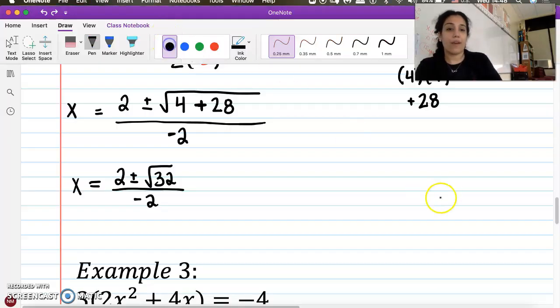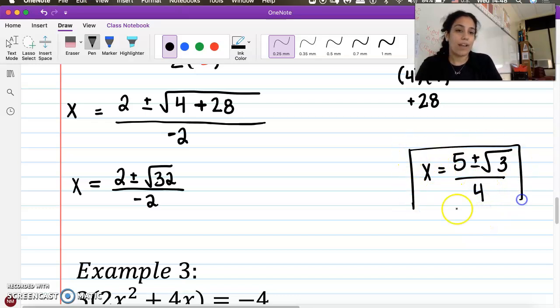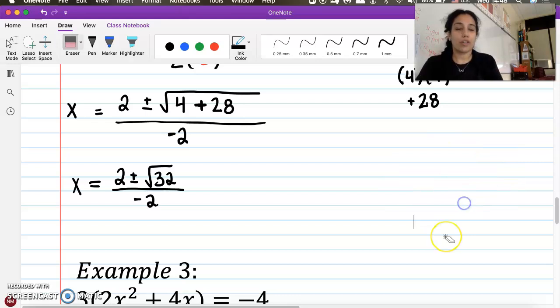So for example, if I were to get something like x equals 5 plus or minus the square root of 3 all over 4, this can't be simplified. That is your answer. It's ugly. I know it's ugly, but we don't discriminate against ugly in this class. All problems are created equal.